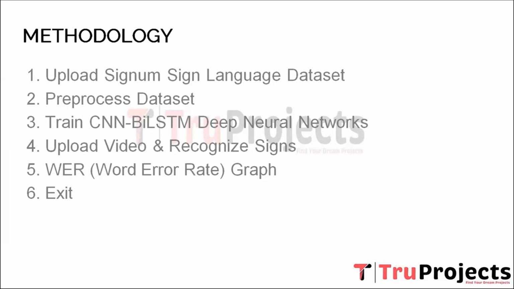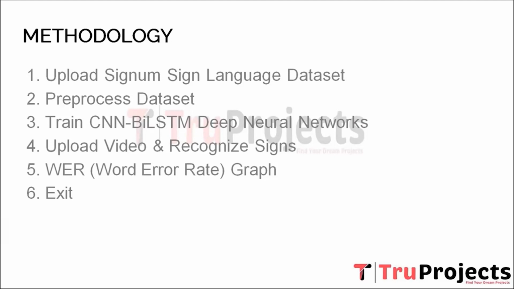Common pre-processing steps for sign language recognition might include video frame extraction, converting videos into individual frames to work with images; resizing and normalization, that is, resizing the frames to a consistent size and normalizing pixel values to a common scale; data splitting, dividing the dataset into training, validation and testing sets; label encoding, converting sign labels into numerical representations; and data augmentation, which is optional, increasing the dataset size by applying transformations like rotation, flipping or shifting to the images.